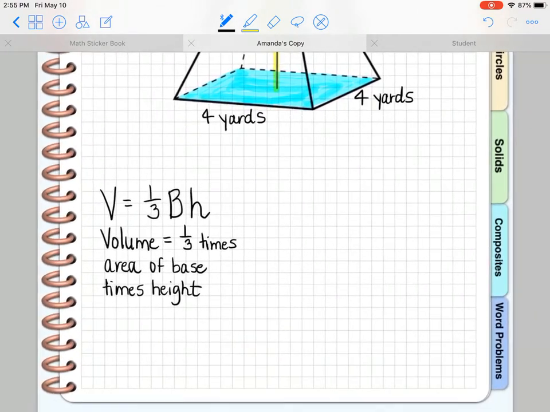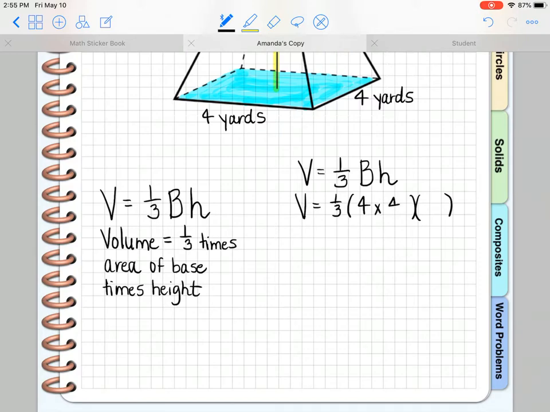Okay, so that's what this formula is saying. And let me show you how it actually works. V equals 1/3 BH. So volume is 1/3 times the base area. And that's 4 times 4, length times width. And the height we made up to be 7. So here is the math. You can type it in your calculator just like it is. I like to simplify because I'm used to doing this without a calculator.